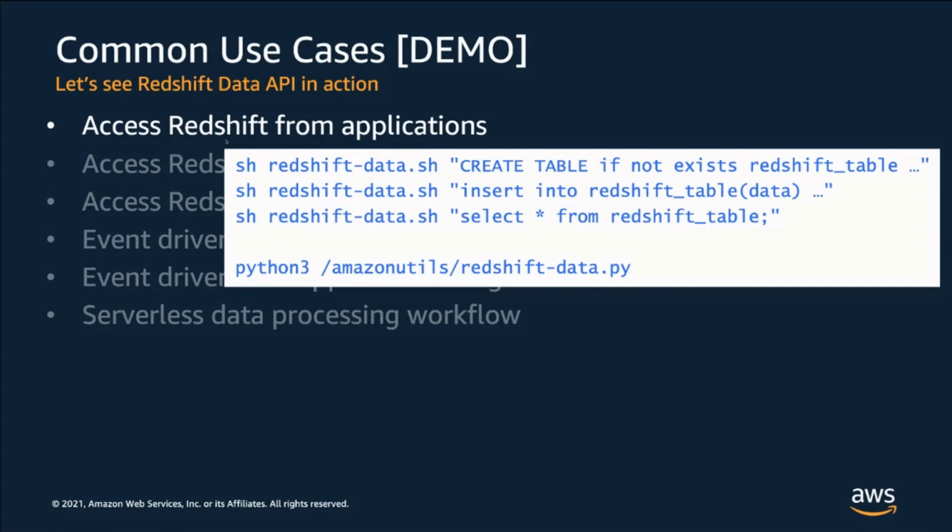In this instance, I have already added a generic shell script, redshift-data.sh, to access Redshift using Data API. Using this, I'll create a table called redshift_table, and then I'll insert one record in this table, and then I'll select data from this table using Redshift Data API. Let me switch to my EC2 instance and run the statements.